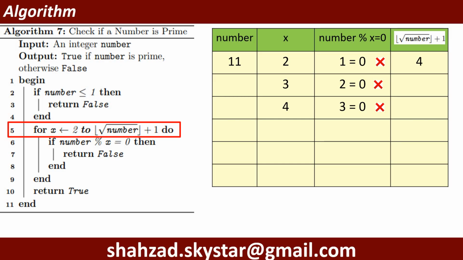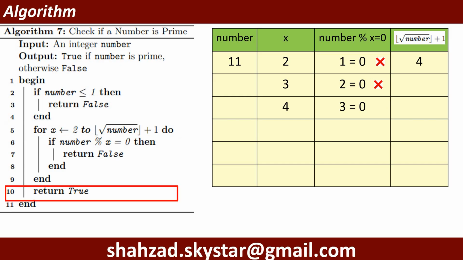It will check from 2 to 8, whether 60 is divisible by 2, 3, 4, 5, 6, 7, 8. If it is divisible, then we can say this number is not prime. If it is not divisible by any number, then we can say this number is a prime number.